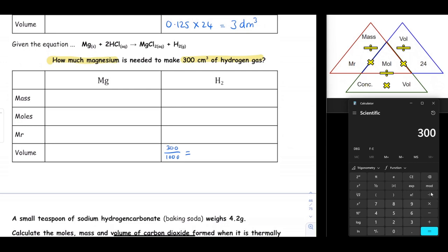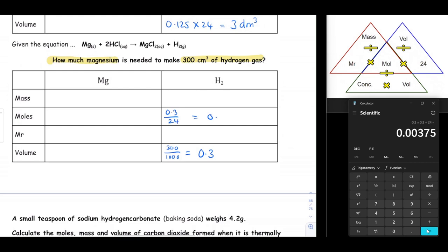So 300 divided by 1,000 gives me 0.3. Now I know I can divide my volume by 24 to give me my moles. So 0.3 over 24 gives me my moles. Oh, I don't want to times. 0.3 divided by 24 gives me my number of moles.